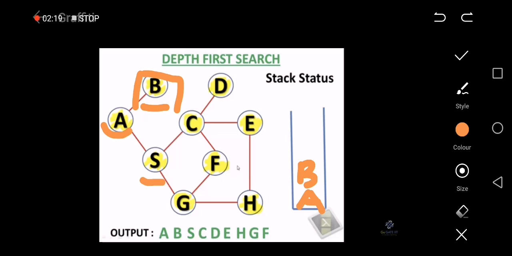So from vertex B, since point A is the only point that is adjacent to B, we will go back and remove B from the stack status.